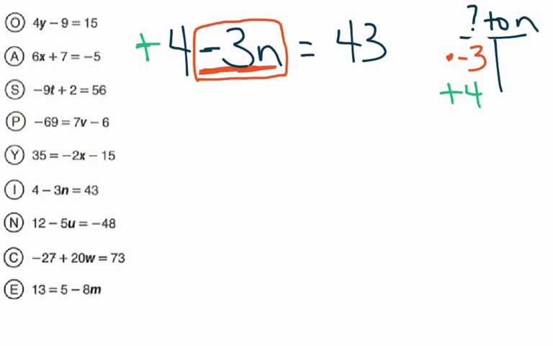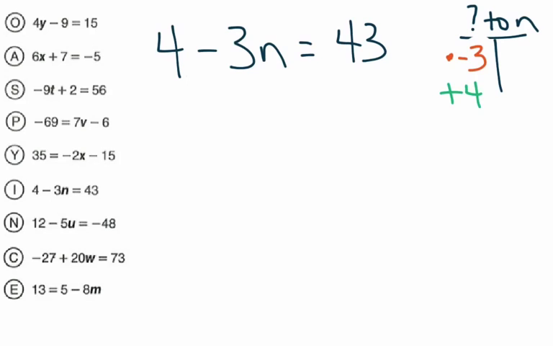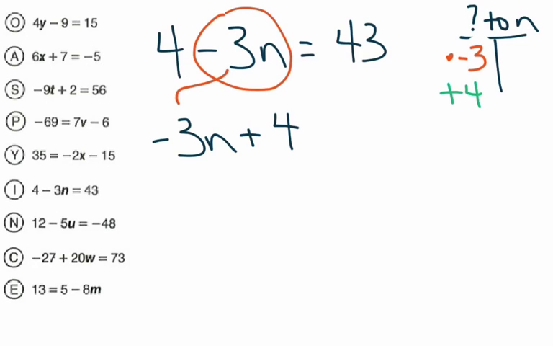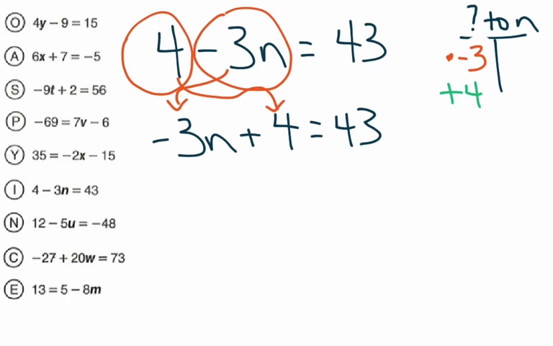So let's just take a minute and take that in. It helps if you rewrite it. If I rewrote this, then I could write negative 3n plus 4. Notice that my negative 3n stays negative, and that my 4 stays positive. And when you write it like this, it's a lot easier to decipher.